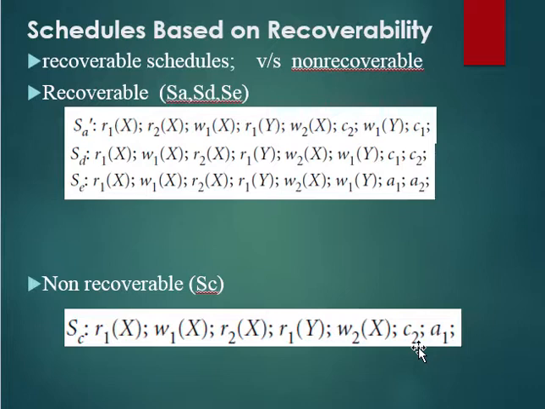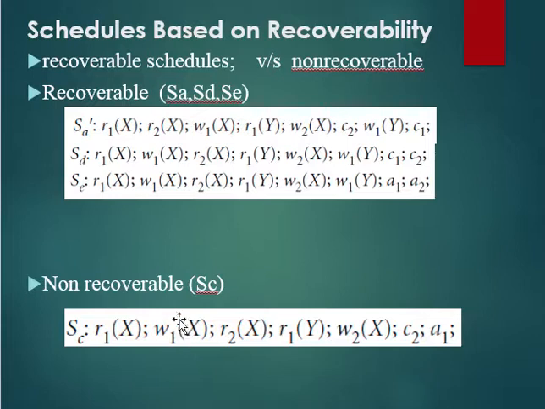Here you can see that while recovering from the crash, it is not getting the correct value. Transaction T2 needs a value updated by W1(X) of transaction T1, but when redoing, after recovering from the crash, we won't redo any operations of T1.